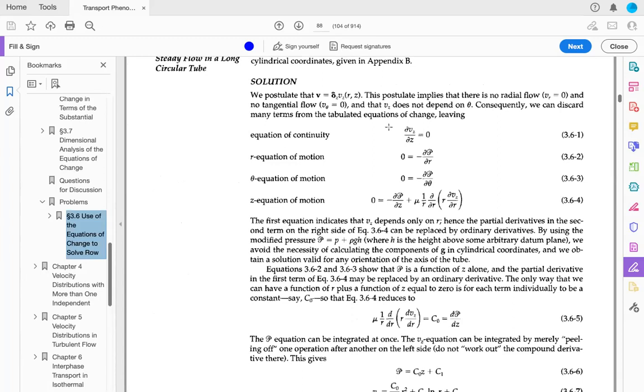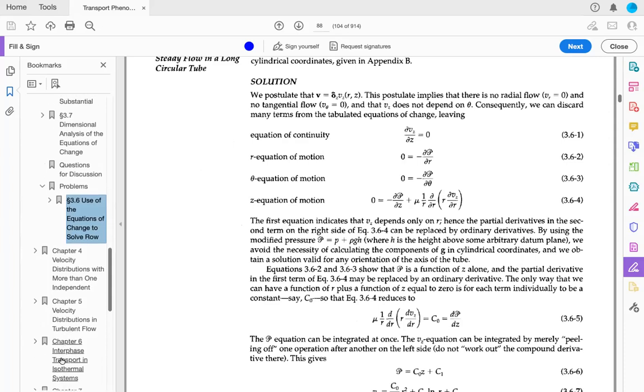So this becomes the equation of motion. If you look here, from the equation of continuity, dou v_z over dz equals 0, which is the same as we checked before. If you want to look at the r and theta directions, that's fine, but there won't be any changes. The last one here is the z equation of motion.